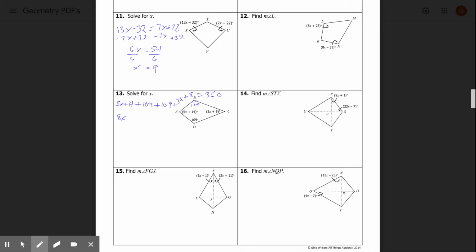So 14 plus 109 plus 109 plus 8 is 240. So 8x plus 240 is going to equal 360. And then we're going to subtract our 240, and we end up with 8x equals 120.